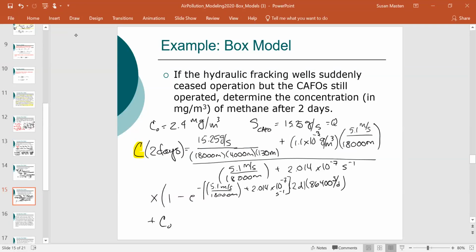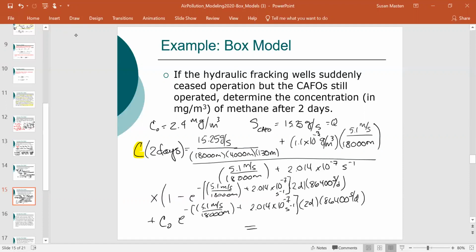plus that last C sub naught term, and that's e to the minus, and this is exactly the same thing here, 5.1 meters per second over 1800 meters, plus 2.014 times 10 to the minus 7 times 2 days, times 86,400 seconds per day.